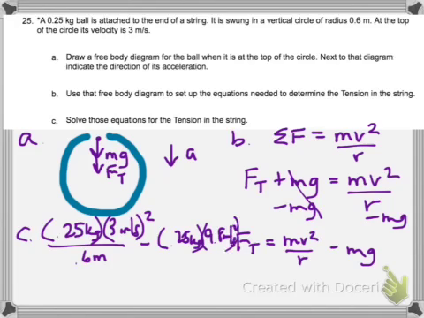When we calculate this, we can simplify it down to 3.75 newtons minus 2.45 newtons, and we ultimately get an answer of our force of tension equaling 1.3 newtons.